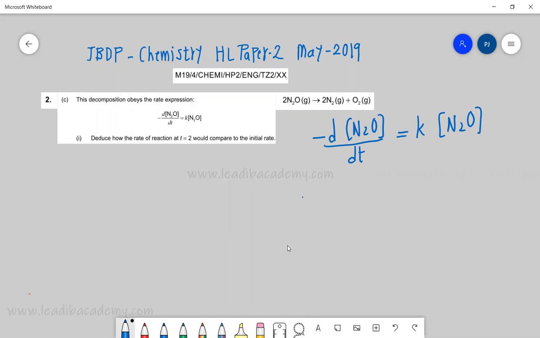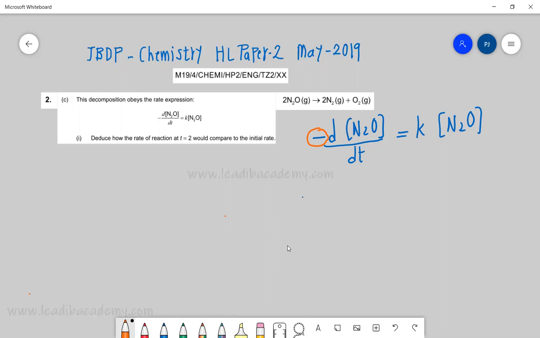What does it mean? This negative sign, if you recollect, means that the concentration is dropping. The reason being that reactant is getting converted into product as time progresses.